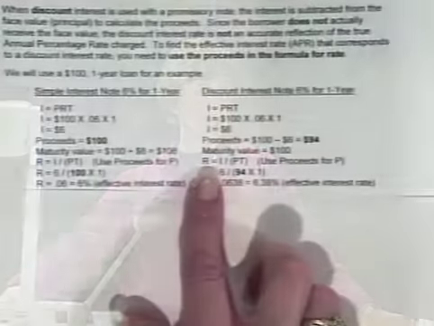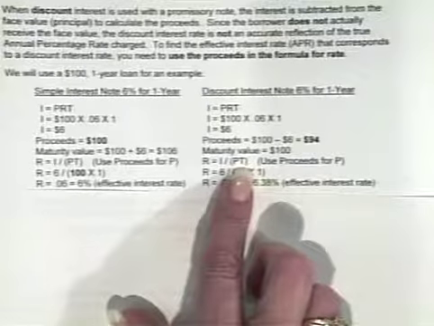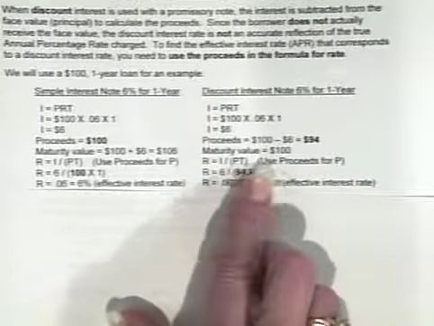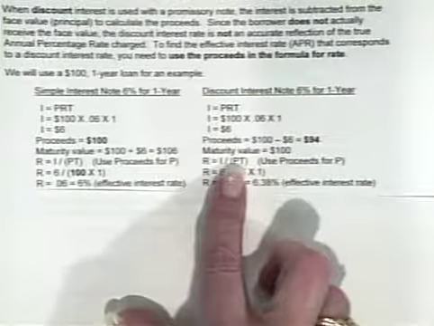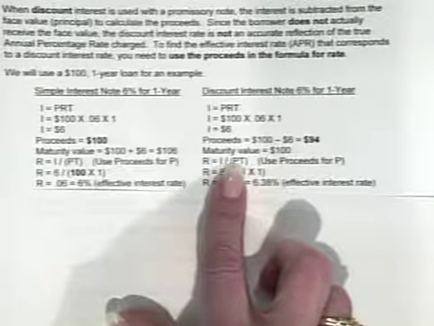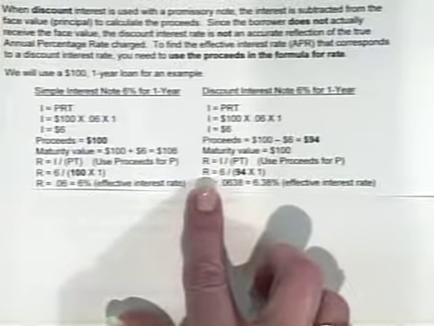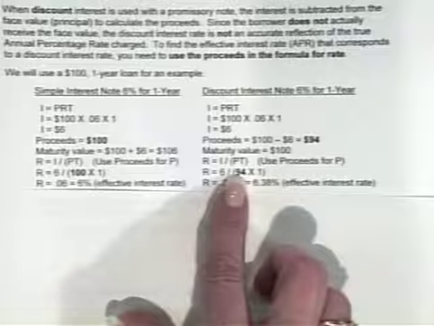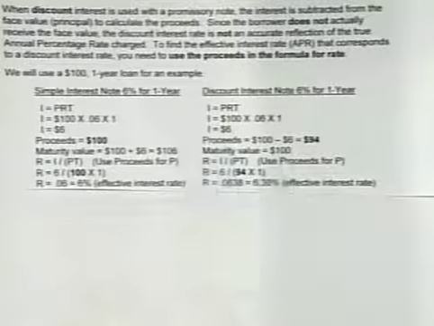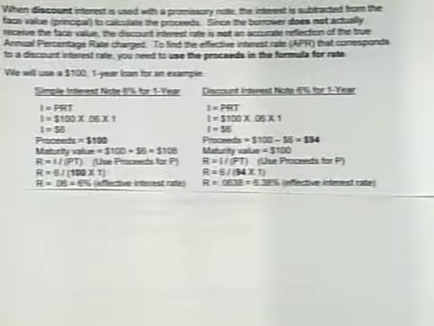How we would calculate it is we go to the rate formula, R equals I divided by P times T. We're going to use the proceeds for P because that's the amount of money you actually had to deal with. We're going to say that the rate equals 6 divided by 94 times 1. We're going to get R equals 0.0638. So 6.38% would be the effective interest rate.